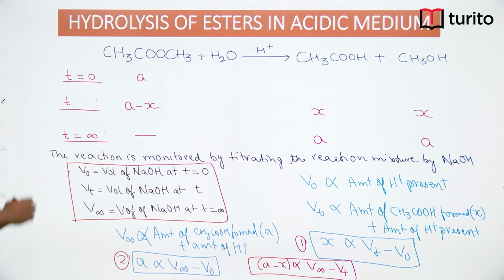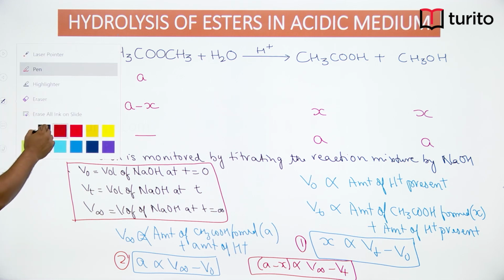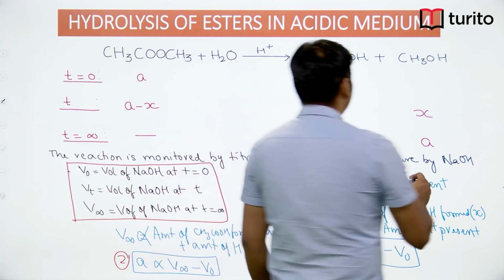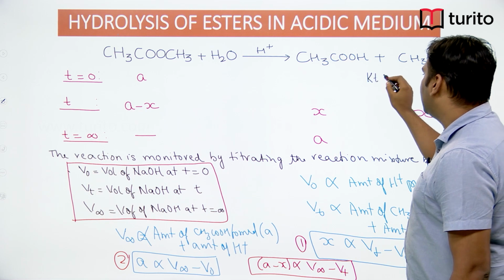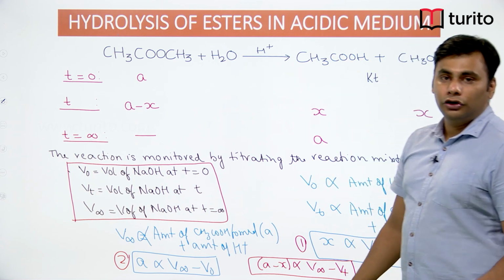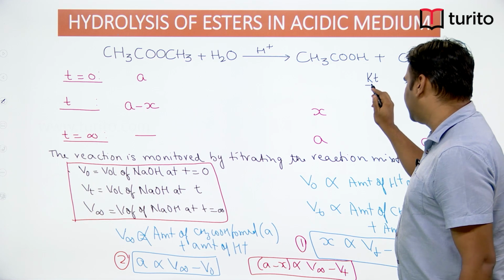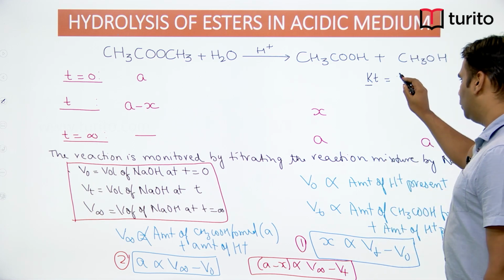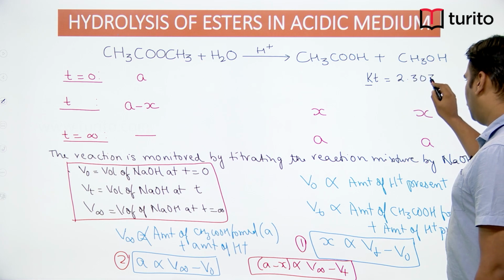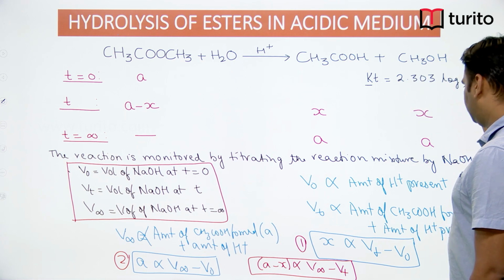So we'll write the first order equation for this as well. Suppose I am writing the first order equation over here. So I will say that Kt, where K is the rate constant of the pseudo first order reaction. You have to understand this is the pseudo first order reaction rate constant. Okay, so this will be equal to 2.303 log of a naught upon at.